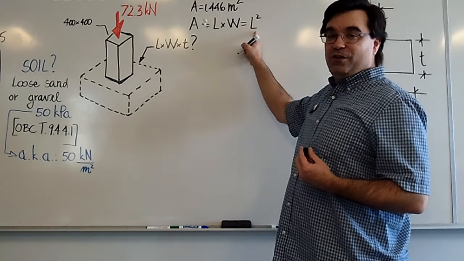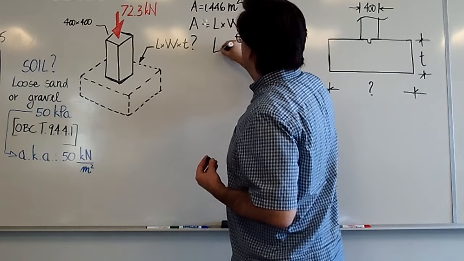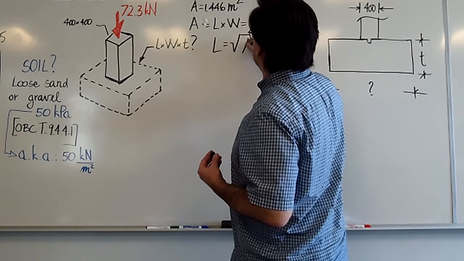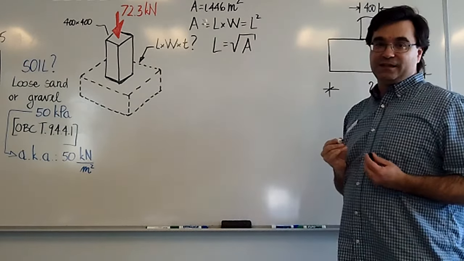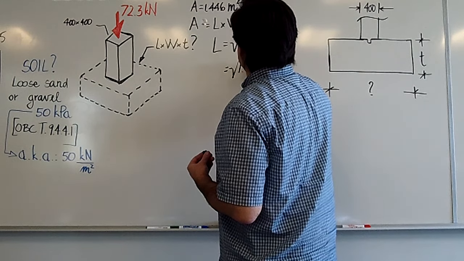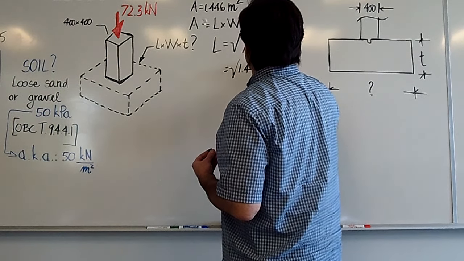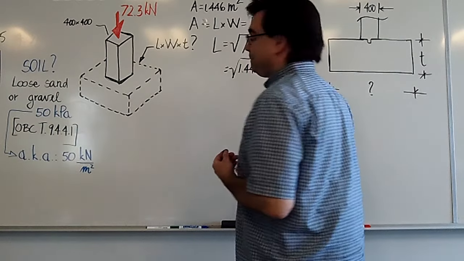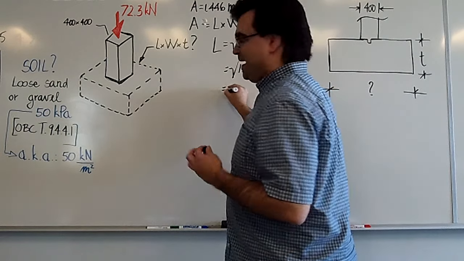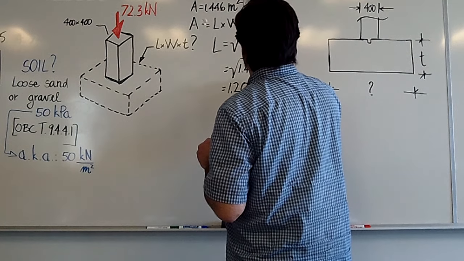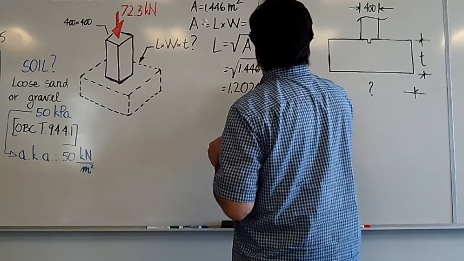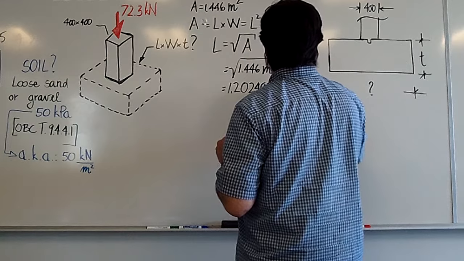So if we want to solve for the length, it is equal to the square root of the area, just like that. Make sense? So then, when I do the square root of 1.446 square meters, what I get, and bear with me, I'm putting this down on purpose, is 1.202497412 meters.